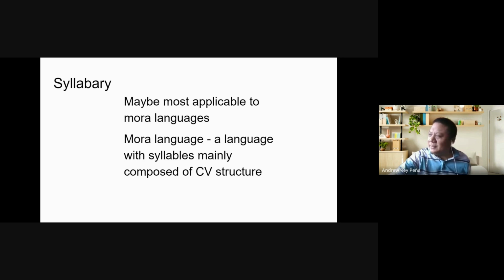My Korean classmate, for him, three is suri, suri. So even when they borrow words from other languages, they turn it into a CV structure. Those are what we call mora languages, and maybe syllabaries would be more applicable to such kinds of languages. So that's a syllabary where syllables are represented by a symbol.